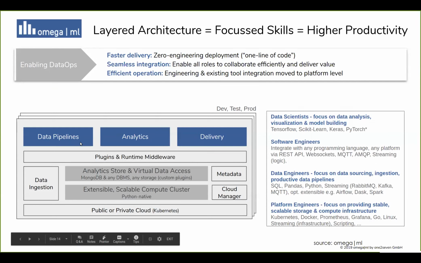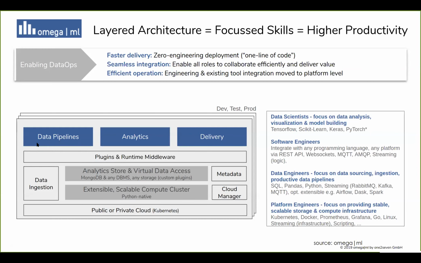Once you have a platform like OmegaML, you can have your data scientists and data engineers work on their pipelines, on their analytics, and also deliver models and other parts of the system in an easy fashion. You have seen that we could easily store data frames and retrieve them back, store models and retrieve them back, access them through an API, and that has all happened instantly.